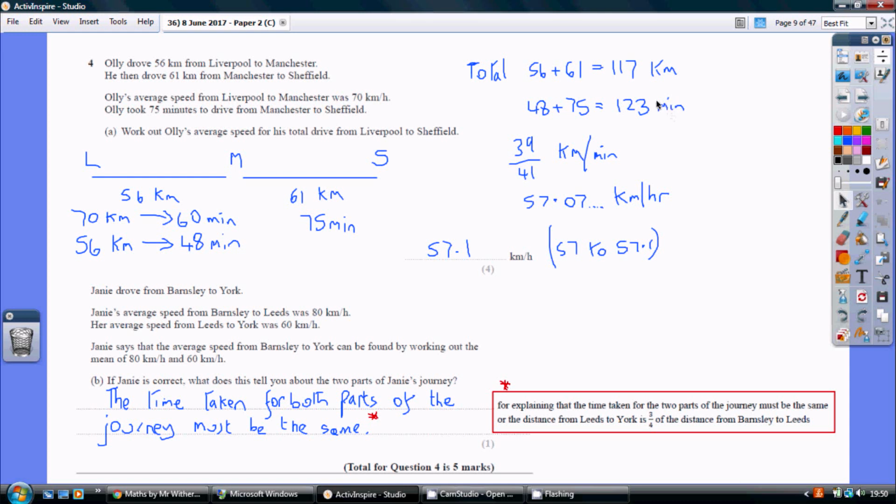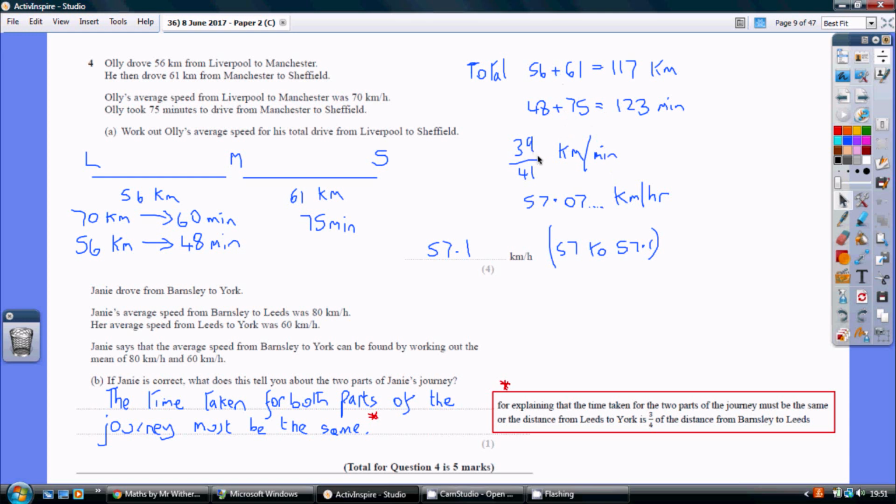So to work out the speed in kilometres per minute, I've done 117 divided by 123, which simplifies down to 39 over 41. But I don't want to know how many kilometres he goes in a minute, I want to know how many kilometres he goes in an hour. Now there are 60 minutes in an hour, so you can go 60 times as far as this.